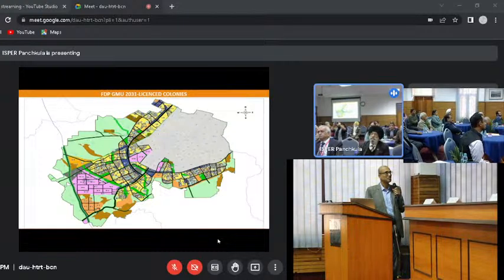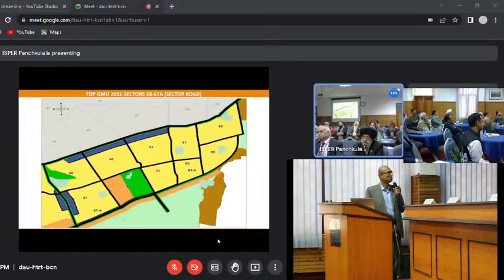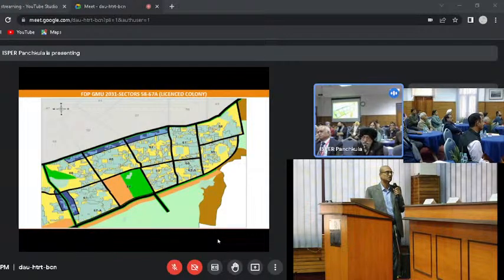Private sector developers have obtained licenses in these areas. And this red part is the sub-arterial network. The red part which we see now, these are the sub-arterial roads, the 24-meter roads which need to be constructed. And if we focus on the 58 to 67 part, these are the licensed colonies.